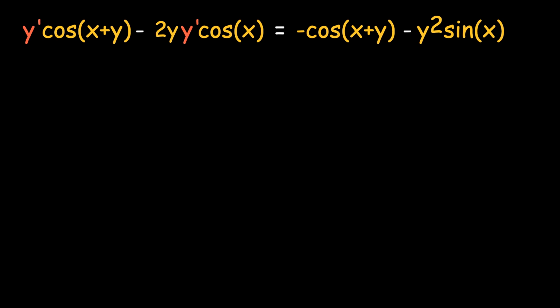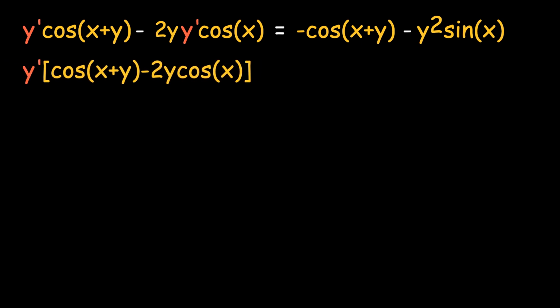The next step, we need to factor out y prime. By doing that, we have y prime multiplied to cosine of angle x plus y minus 2y cosine of angle x. And that is equal to negative cosine of angle x plus y minus y squared sine of angle x.